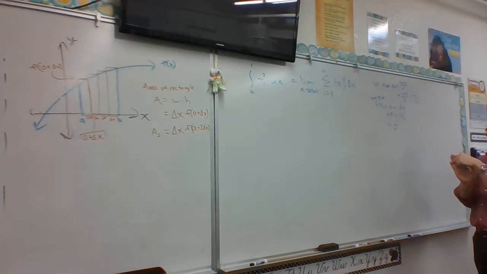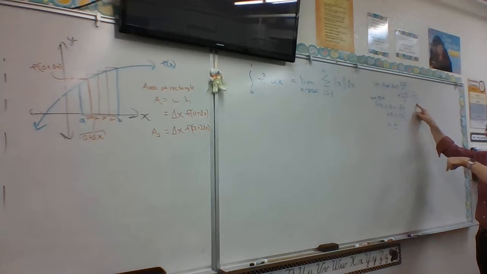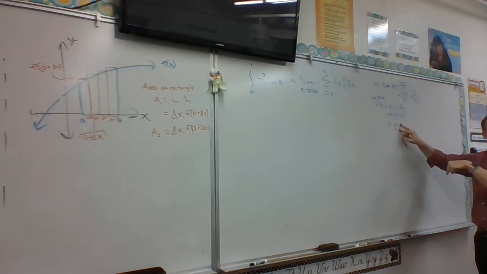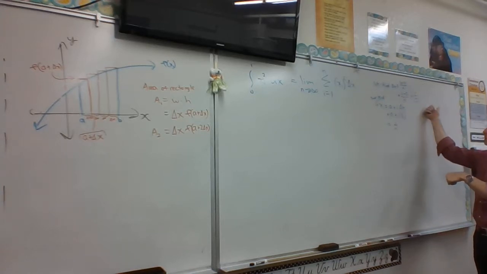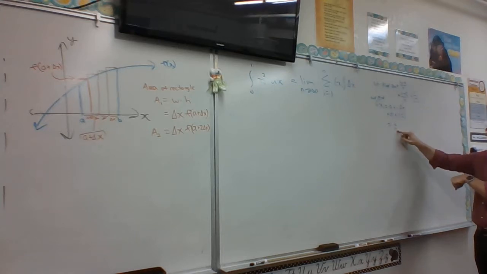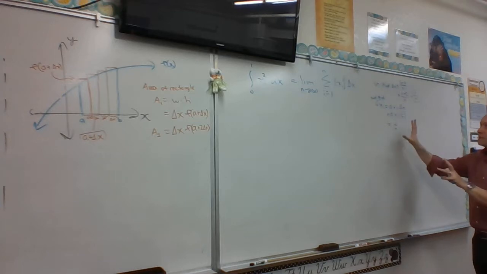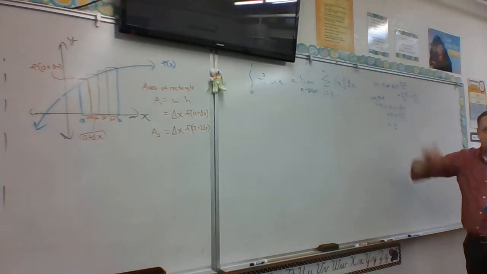Then you go 1 over n to the right again, and what's your x value now? 2 over n. You do that jump to the right again, and your third rectangle's x value is 3 over n. Does that make sense?